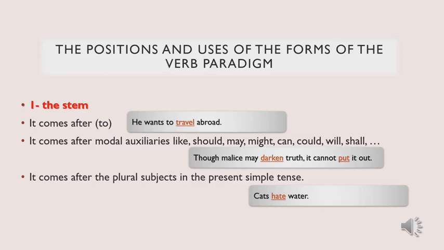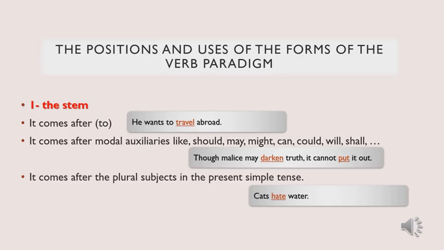For example, he wants to travel abroad. Travel is the stem of the verb travel. It is the verb without any inflectional affixes, so it is the stem. So in this position, after to, the verb is in its stem form.